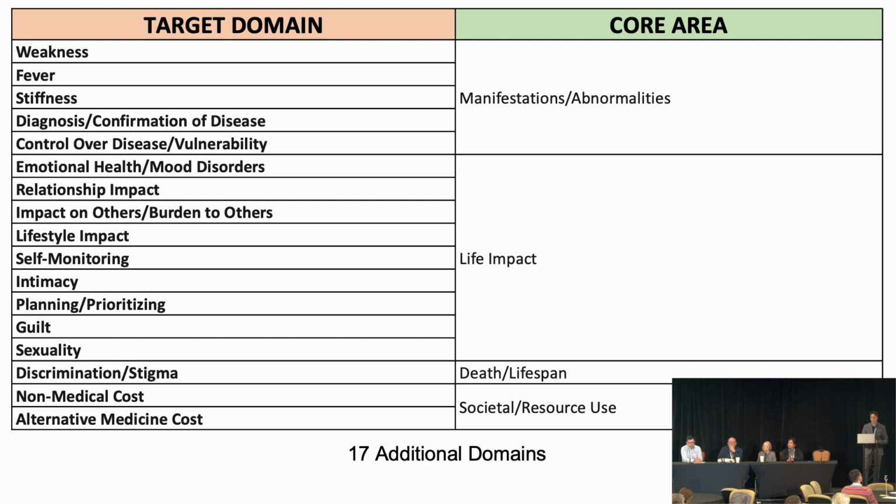There were again many life impact domains, which are emotional health and mood disorders, relationship impact, impact on others and burden to others, lifestyle impact, self-monitoring, intimacy, planning and prioritizing, guilt, and sexuality. In death or lifespan, there was discrimination and stigma. And lastly, for societal resource use, we had non-medical costs such as lotion and alternative medicine costs.